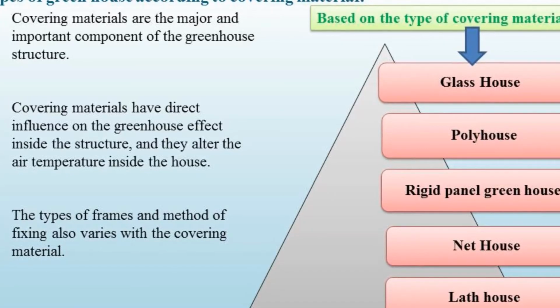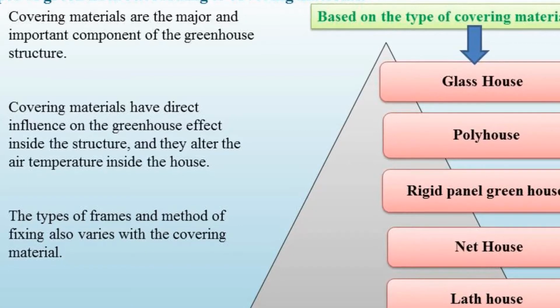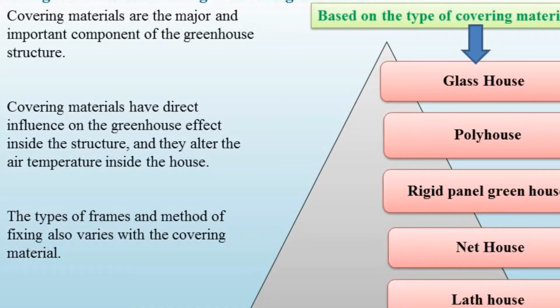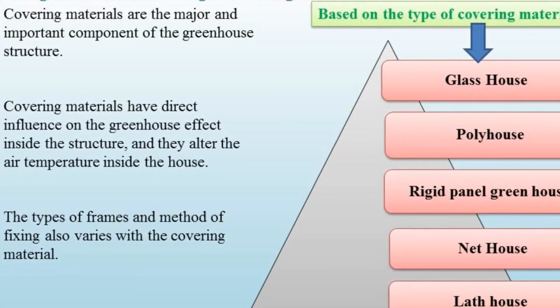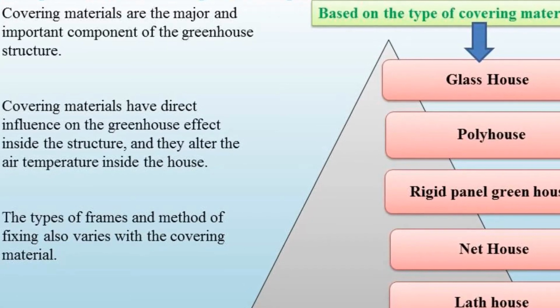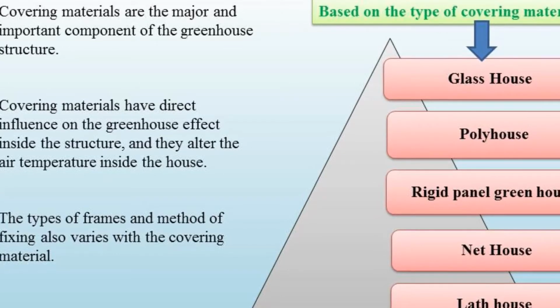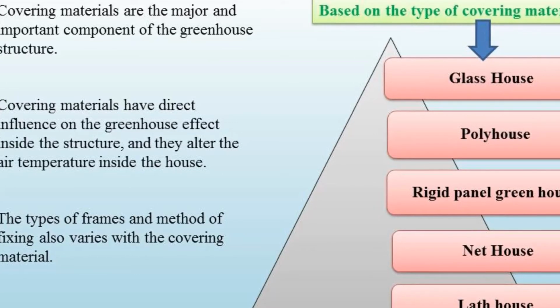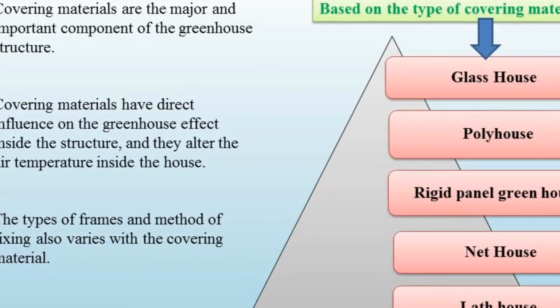The type of frames and method of fixing also vary according to covering materials. Based on the type of covering material, greenhouses are classified as glass house, polyhouse, rigid panel greenhouse, net house, and last one is lath house.